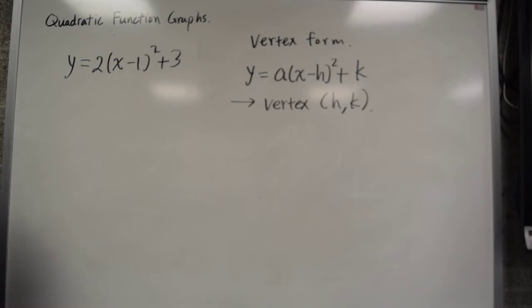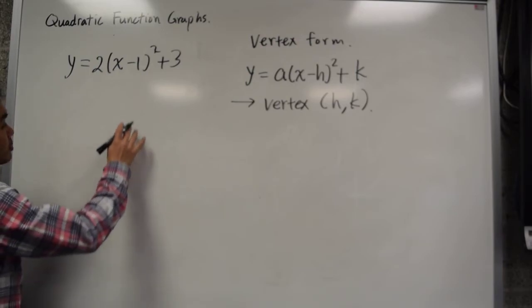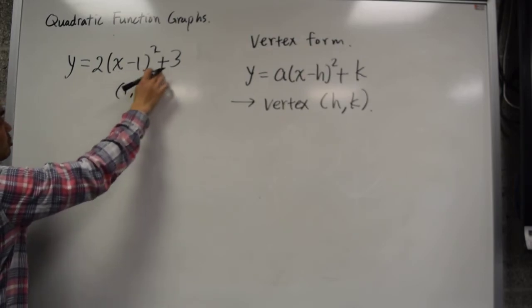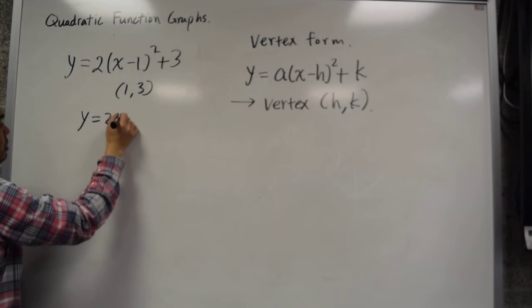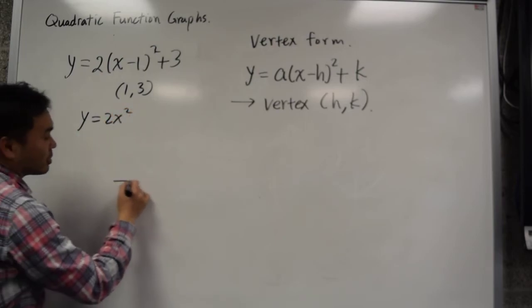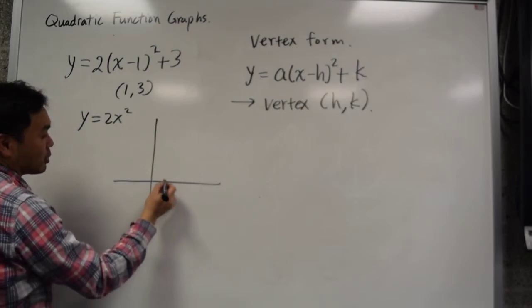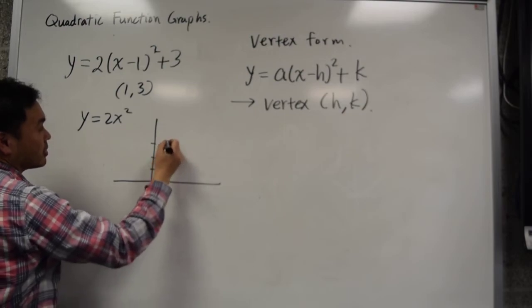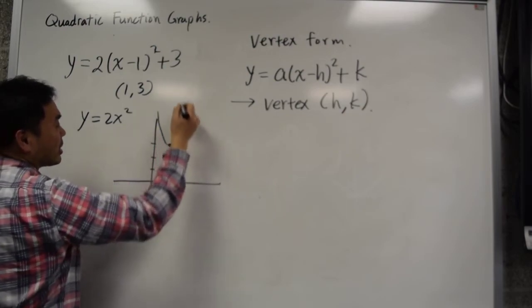Then you know that the vertex is (1, 3). And before any translation, this was y equals 2x squared, so it's kind of like a narrow parabola. So here's what we have. We have 1, 1, 2, 3. Here's the vertex. And it's some kind of a parabola that's kind of narrow.